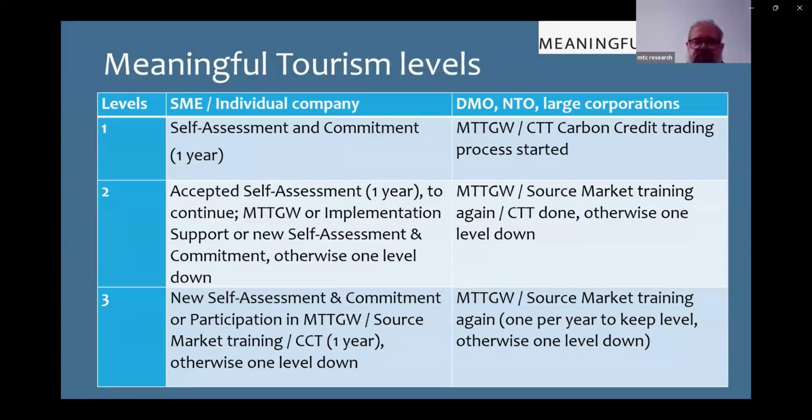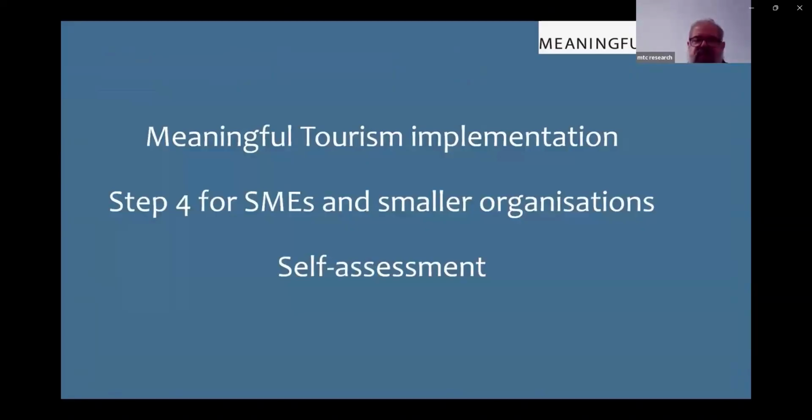And also at the third level, the distinguished membership also asks for doing some extra things, like participating in an offline training, which is a Meaningful Tourism Transformative Game Workshop. We will talk about this a bit later, and we will look again at this table to look at the right side of it. So let's concentrate on SMEs first.